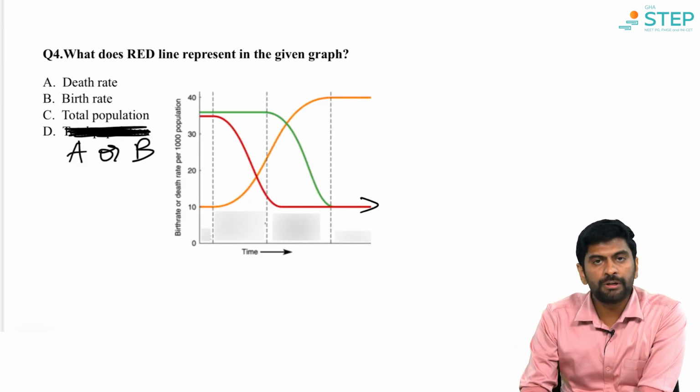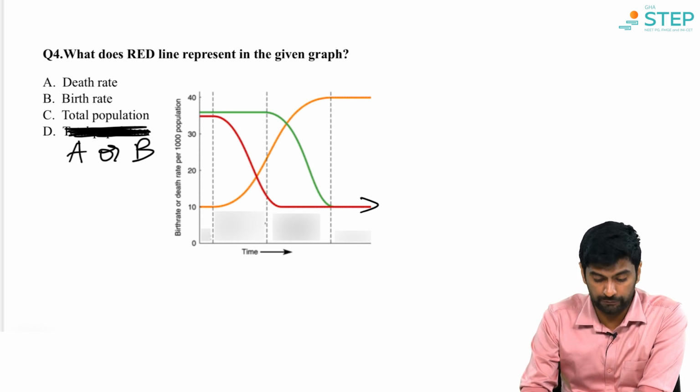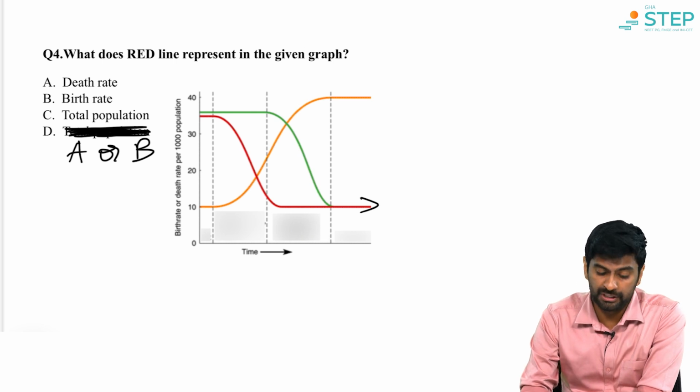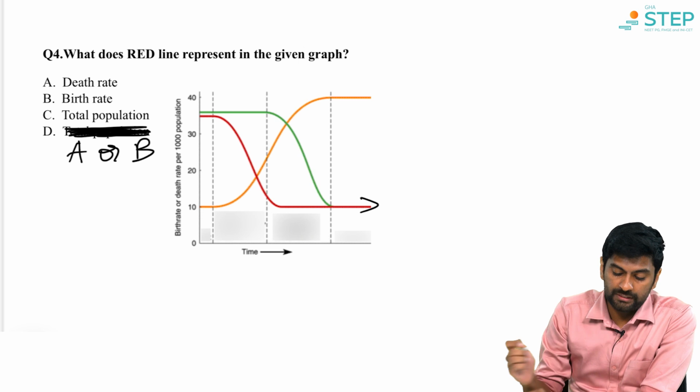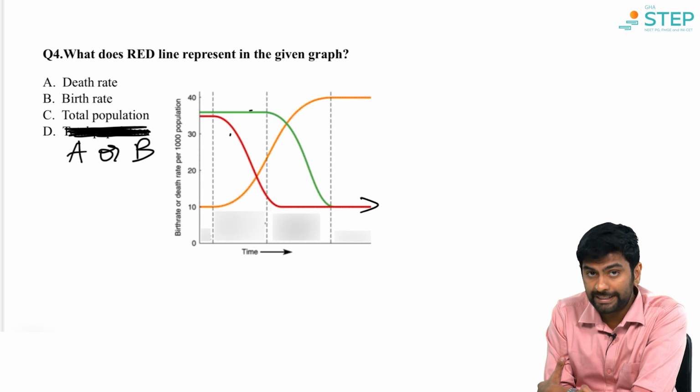So coming to question 4, what does the red line represent in the given graph? A is death rate, B is birth rate, C is total population, D is either death rate or birth rate. Now, we are seeing that among the red and the green lines, the red one is the one that is immediately declining.